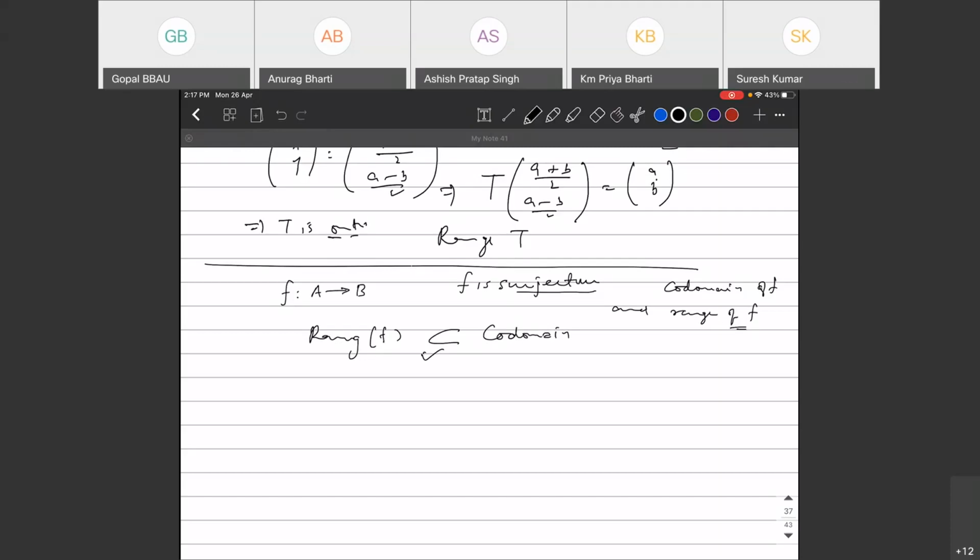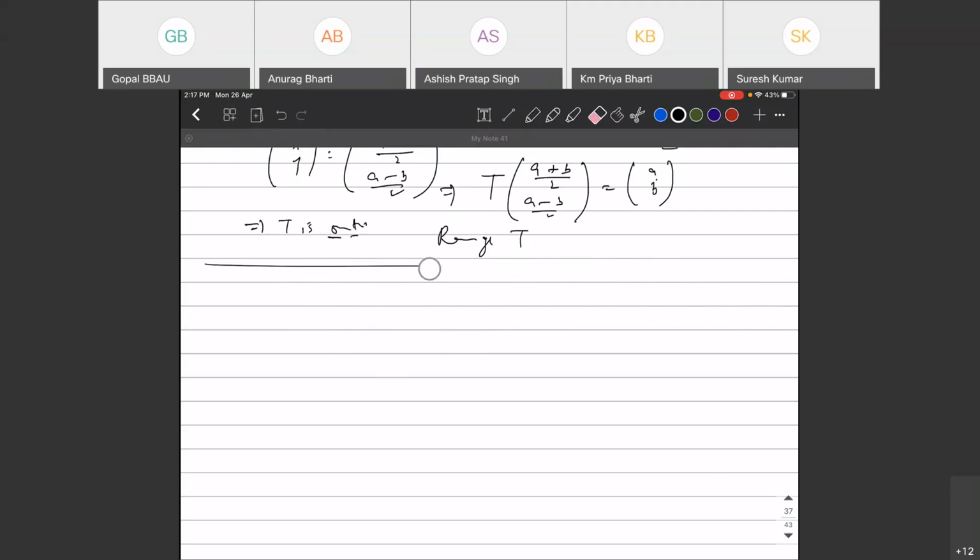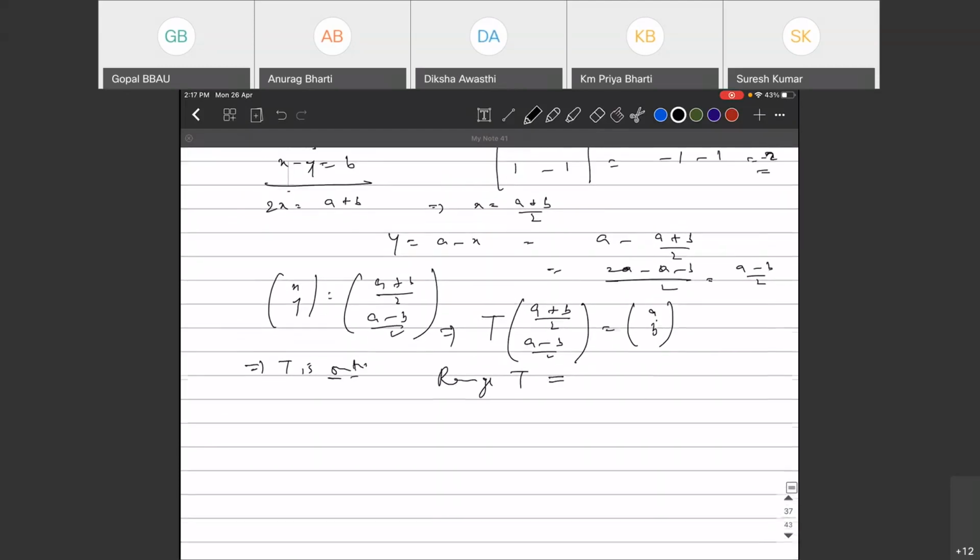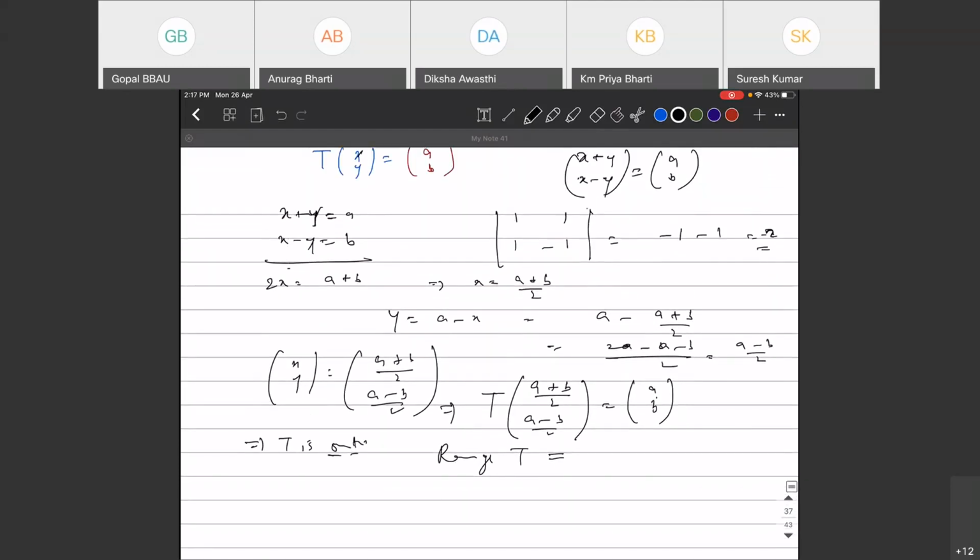तो what is range of T above? So in above question, what is range of T? अभी तो आपने आंसर दिया ना, तो बताइए. Range of T is R2.